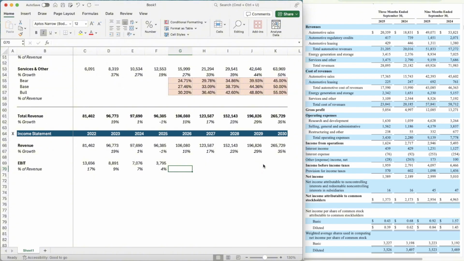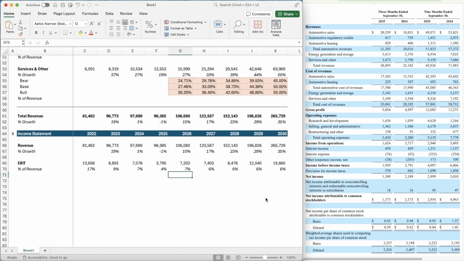So forecasting this out, this is a placeholder bit now, so we will just do the average, pull it along, and then take the forecasted revenue multiplied by the EBIT margin, and that should give us what?